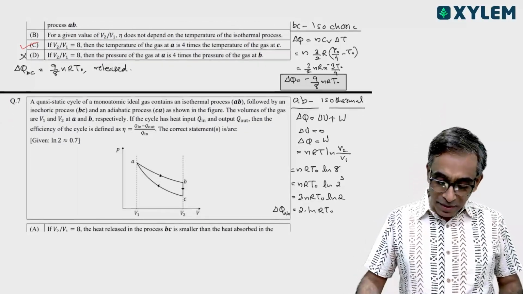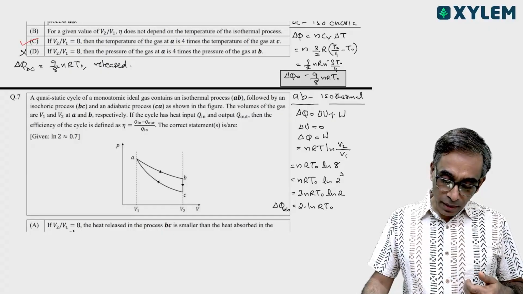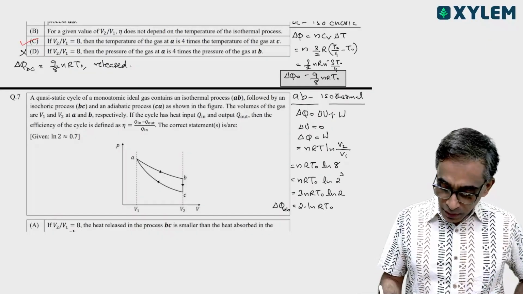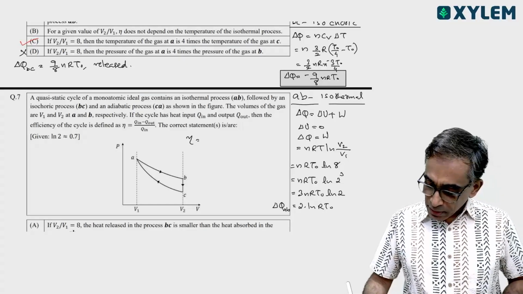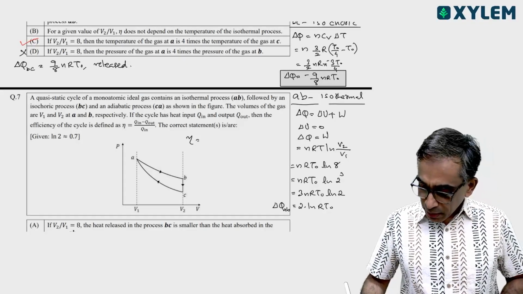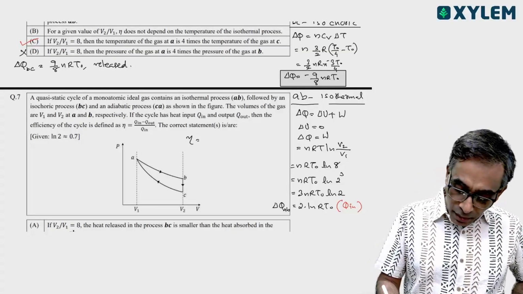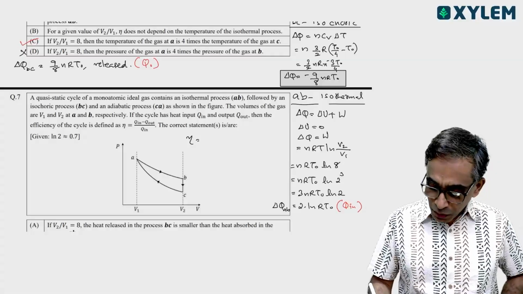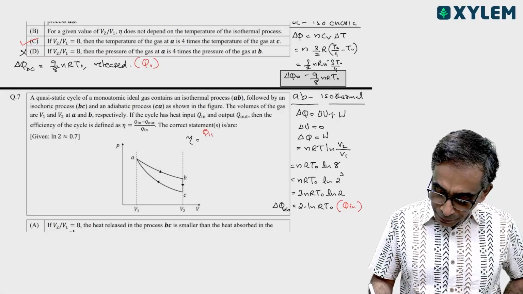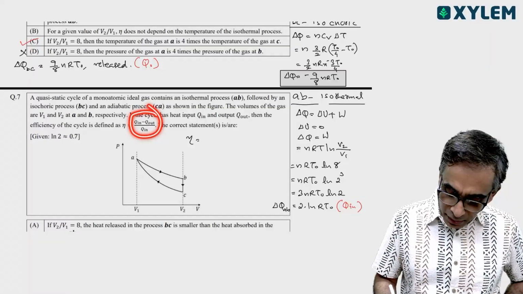Okay. Now option B നോക്കൂ എന്താണ്? They are talking about the efficiency. What is efficiency? Efficiency is Q in minus Q out. This is നോക്കൂ isothermal processലെ ഇതാണ് Q in. Isochoric ഇതാണ് Q out. So you want Q in. ഈ equation ആണ് Q in.